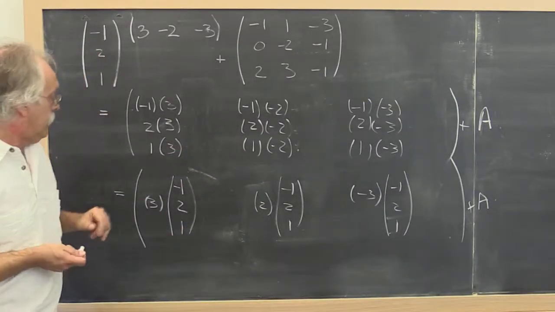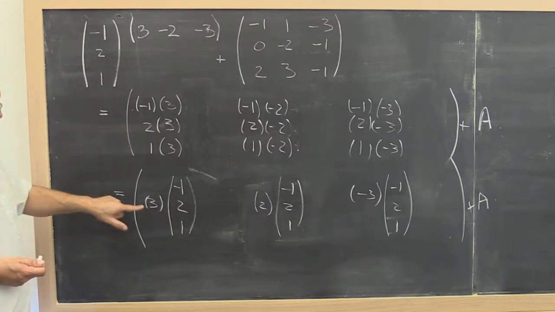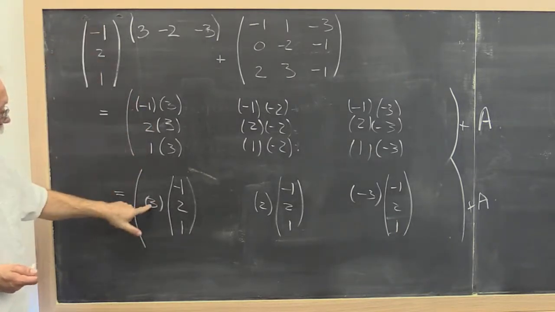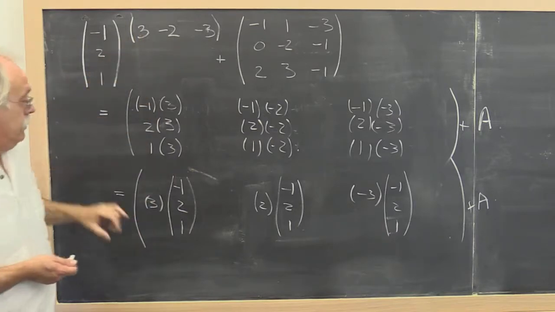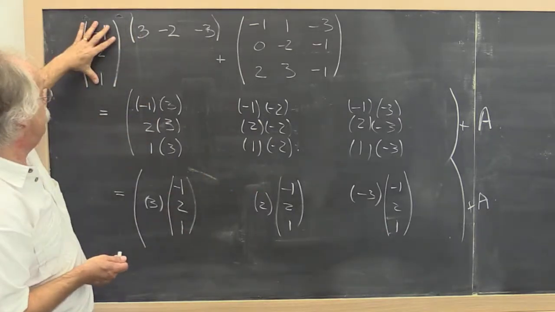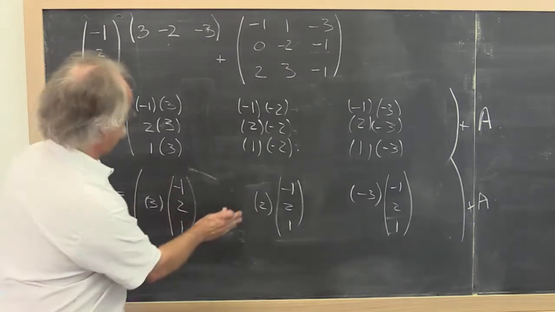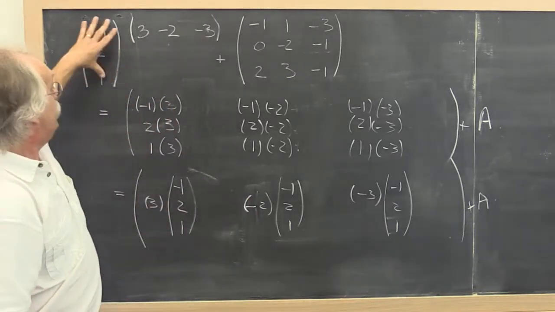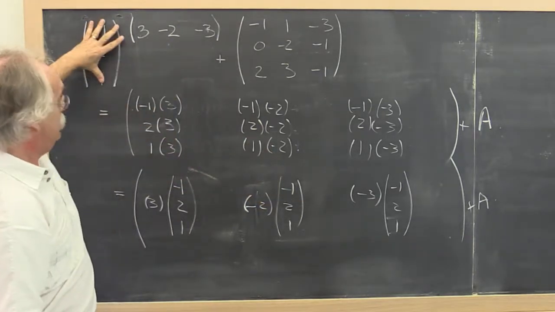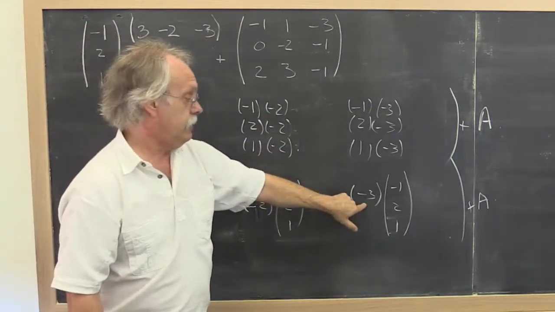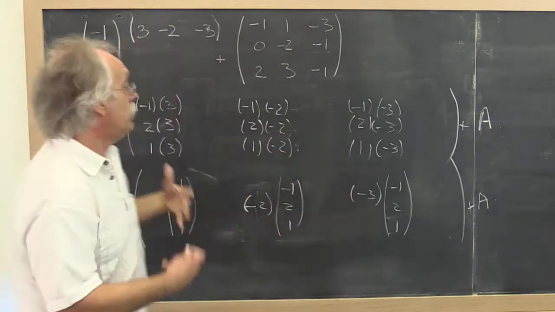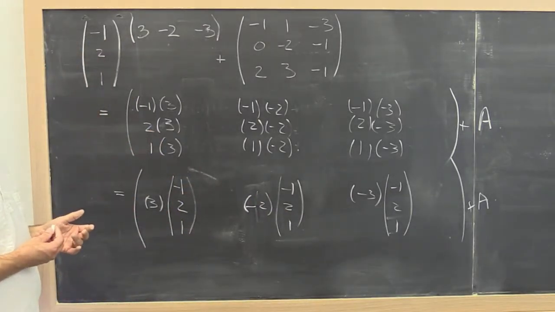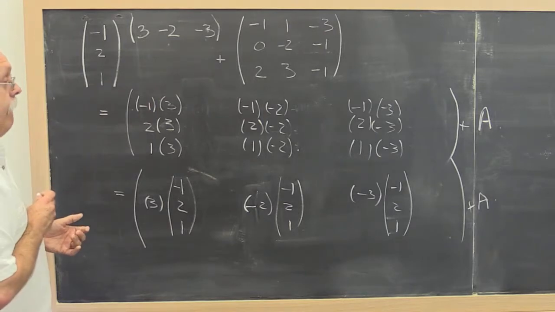Okay, so notice that what we just said can be summarized as the first column is just this vector times 3. The second column is just this vector times -2. And the last column is just this times -3. Okay, now notice that we want to add this to a matrix.